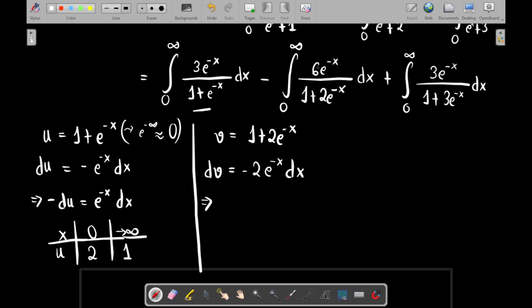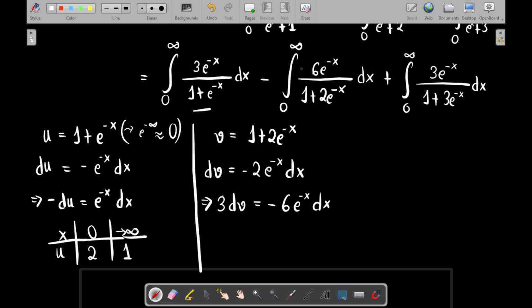Here we have 6, so if I multiply both sides by 3, this becomes 3 dv is equal to minus 6 e to the power minus x dx, right?